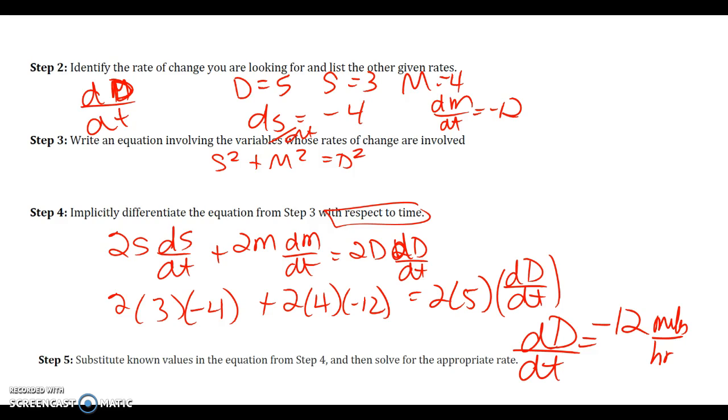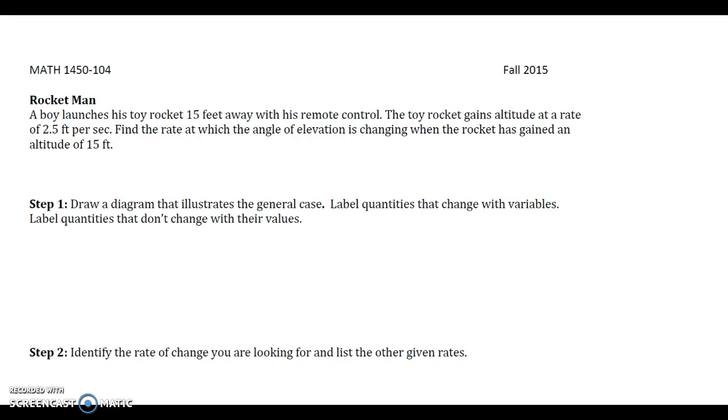Yep, should be negative 12 miles per hour, which is interesting because 2 times 3 is 6, negative 24. Well, it seems to work. So this is the rate of change of the distance between those two boats.